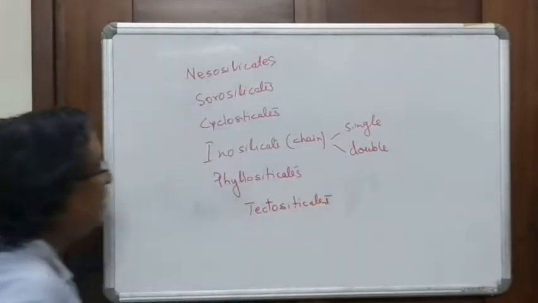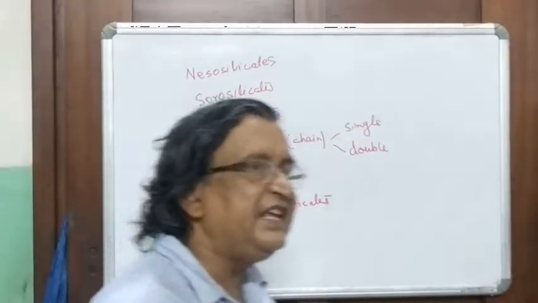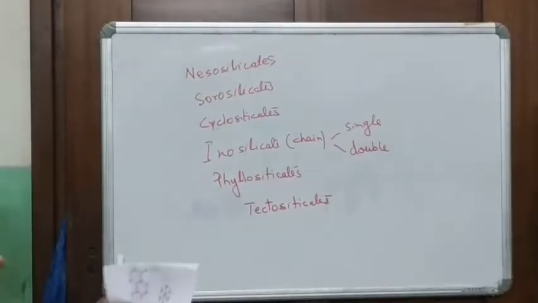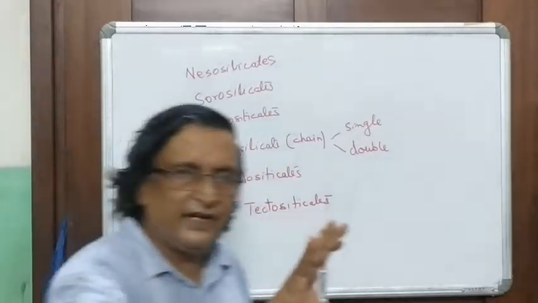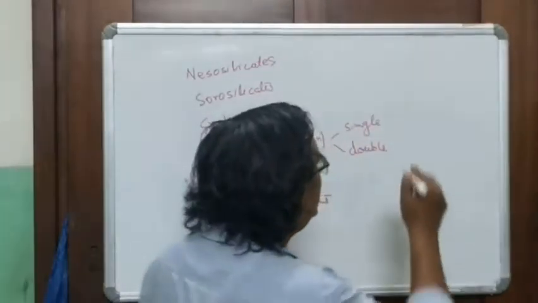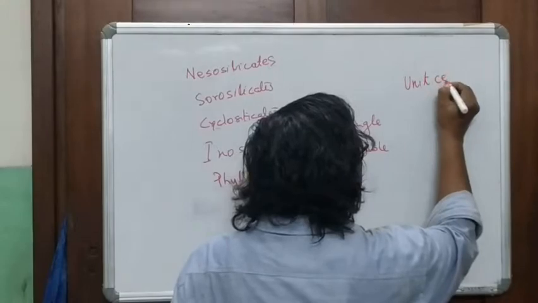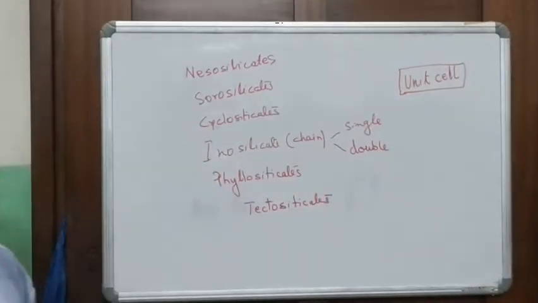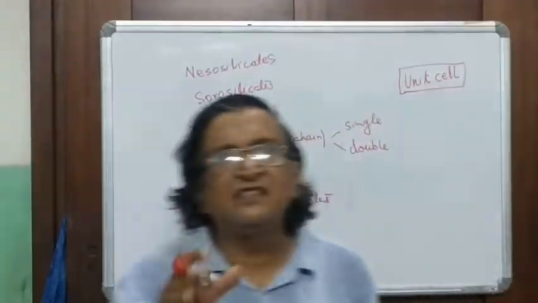Now, all minerals are three-dimensional in nature, but every mineral structure has a particular arrangement of SiO4 tetrahedra. If you have that particular unit, this is called a unit cell. The unit cells have particular length, breadth and height, and they have symmetry elements.